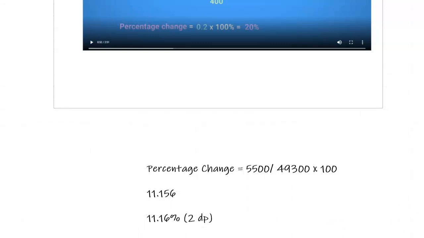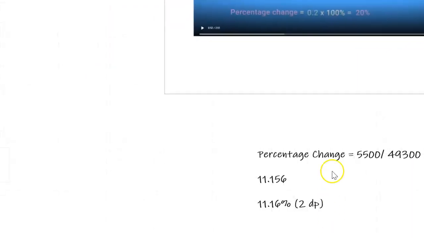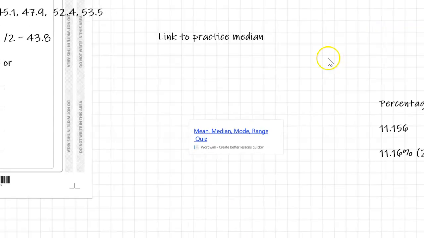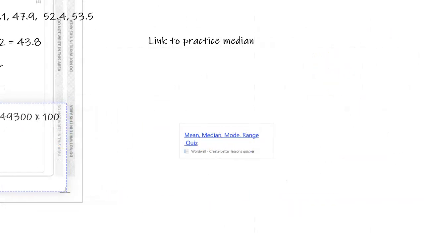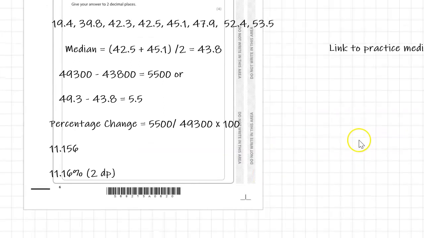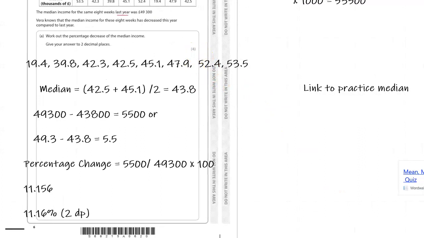The question does ask us to put it as 2 decimal places, so it's 11.16. So let's put that across as the end of the answer, and hopefully that does answer the question and gets us 4 marks.